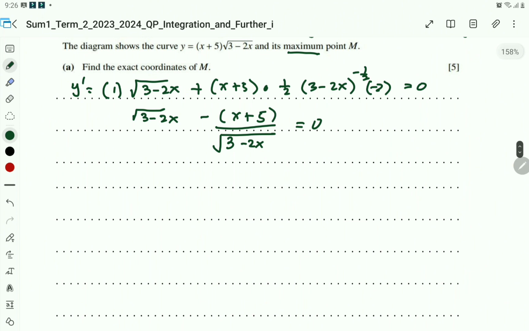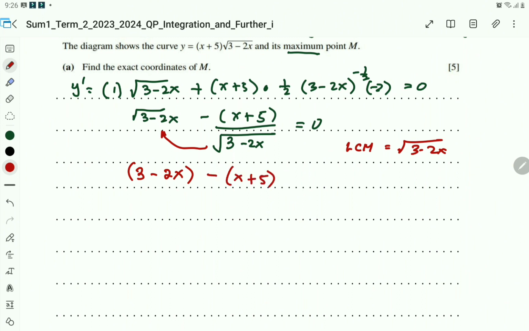So this is now by using the LCM. You take the LCM, which is the square root of 3 minus 2x. So this one will become 3 minus 2x minus x plus 5 is equal to 0.